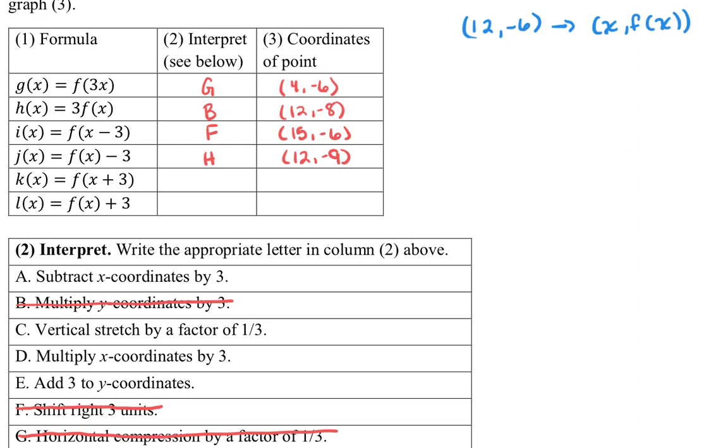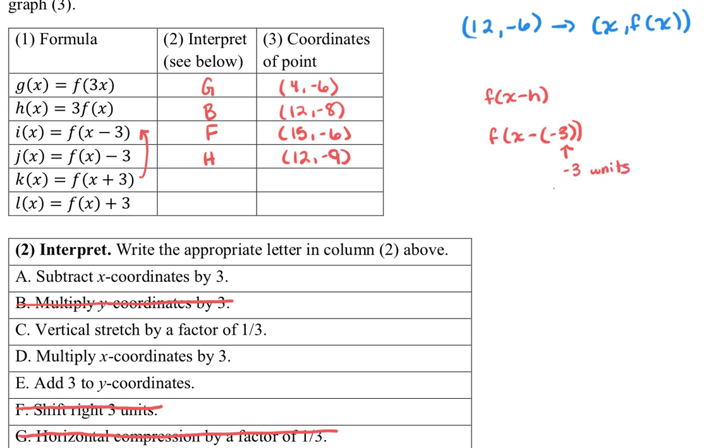All right, this next one says k of x equals f of x plus 3. So just like this one up here, we know this is a horizontal shift, and because we said that this is happening, we actually know it's f of x minus a negative 3, like that. So we know we are moving minus 3 units.